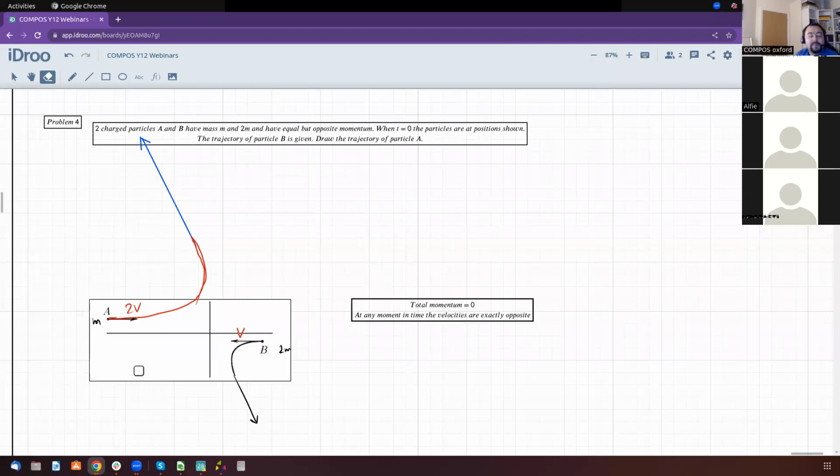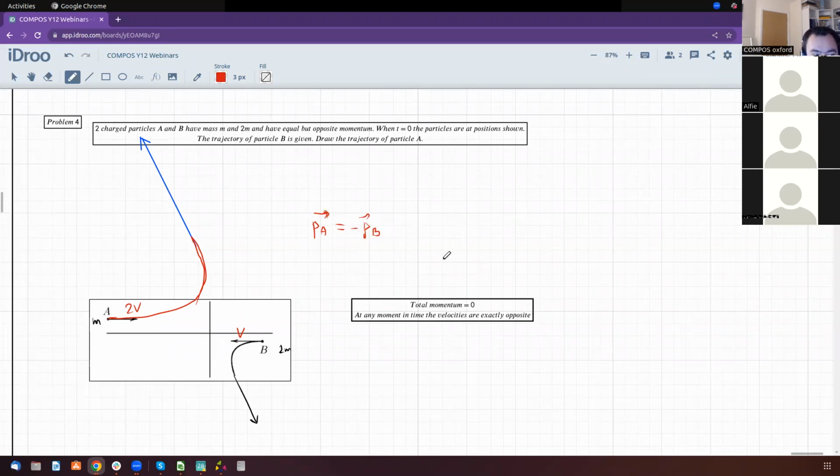So the trajectories will be parallel because the total momentum has to be 0. That means that the momentum of A is equal to minus the momentum of B. And these change.